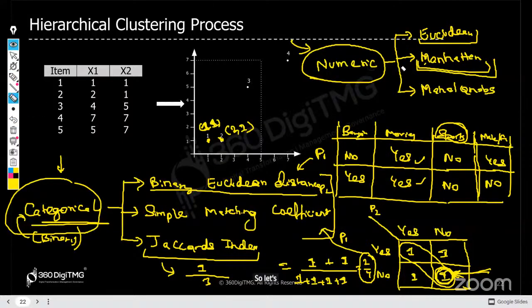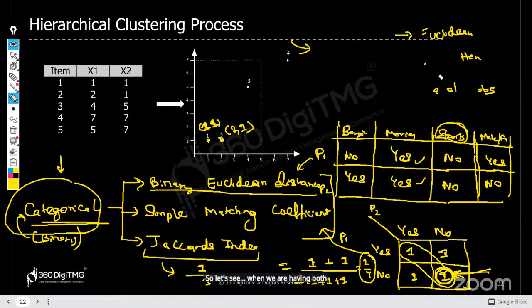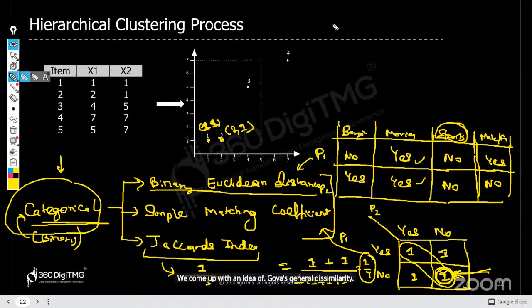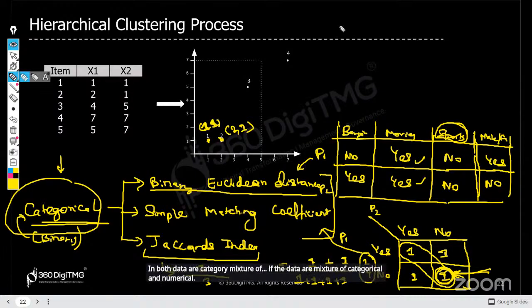So let's see. When we are having both categorical and numerical data, we come up with an idea of Gower's general dissimilarity.